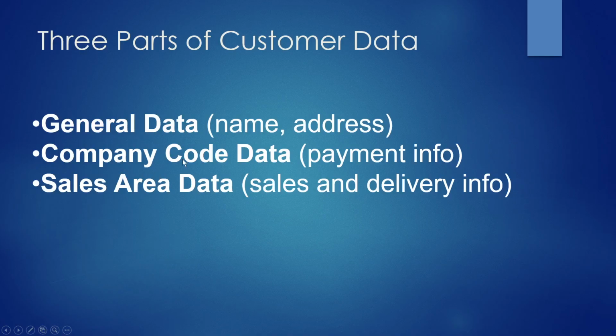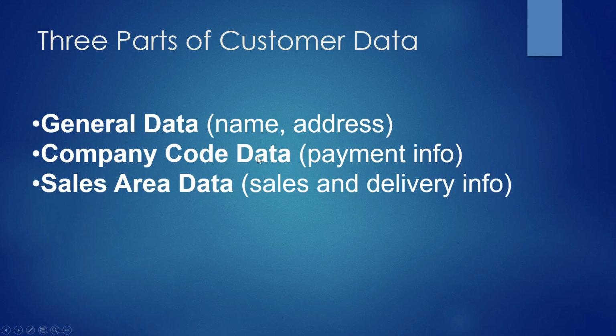For company code, if one customer exists in a company code in the US, then they might have some different information. There could be some legal information in there as well. And sales area data holds the sales and delivery information for that customer. So these are the three main areas, and within them there are a lot of different fields and screens you can go through and take a look at.